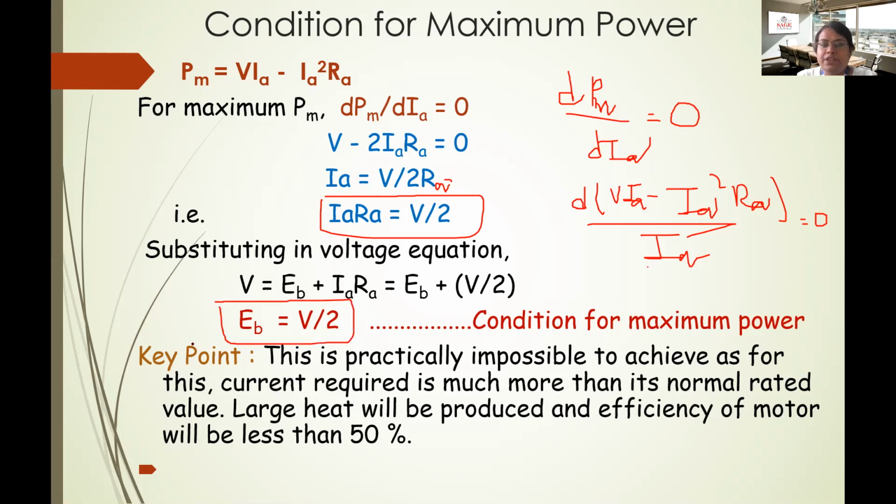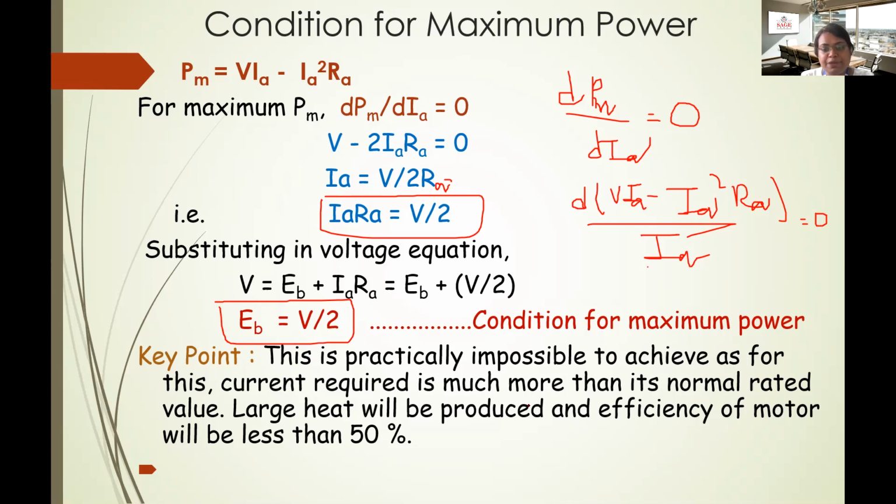If the back EMF of the DC motor is equal to V by 2, then we will get the maximum power, but this is practically impossible to achieve, as the current required is much more than its normal rated value.